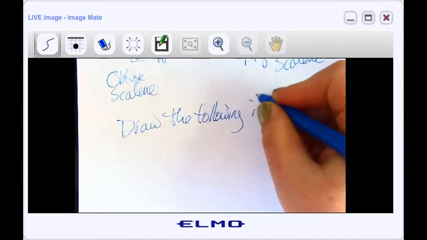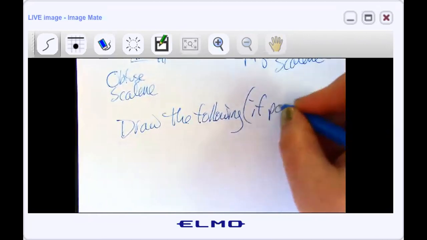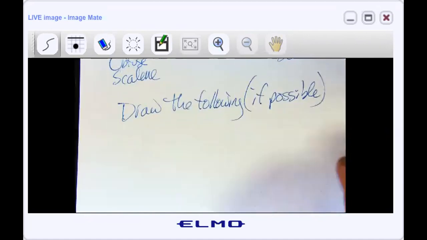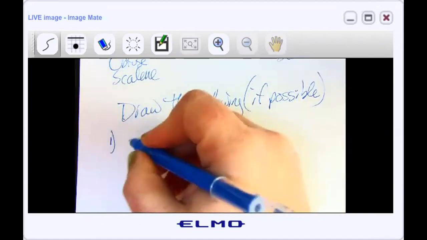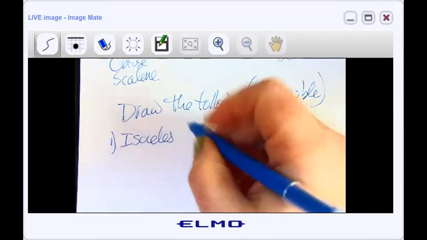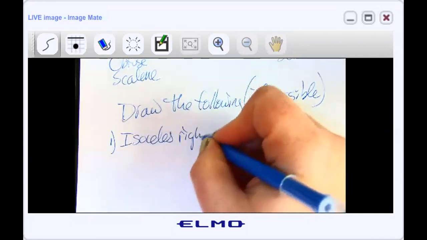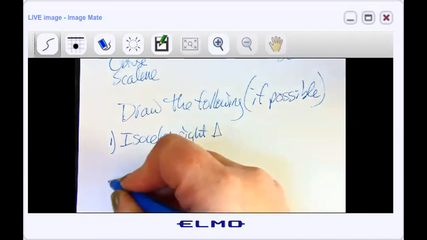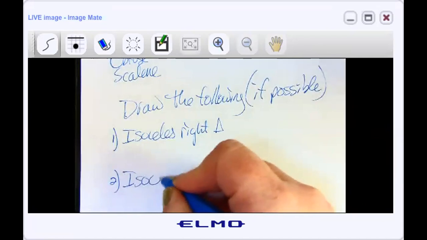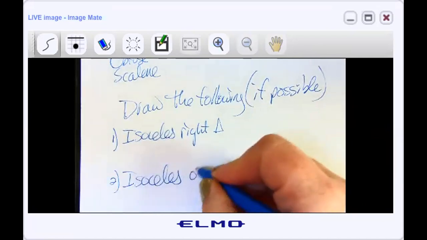If possible, I want you to draw me an isosceles right triangle. I want you to draw for me an isosceles obtuse triangle.